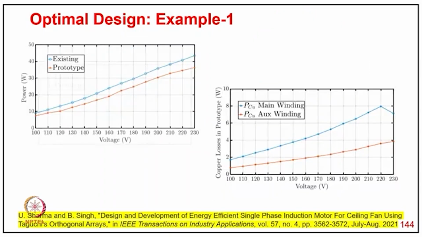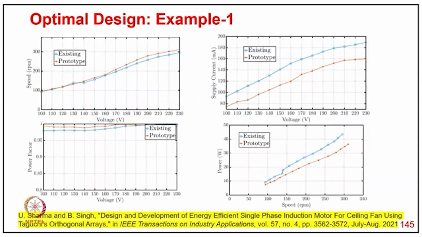Then the existing and prototype, how it changes: power output with voltage, and the copper loss in the main winding and auxiliary winding. And with the existing and prototype, how the speed and power factor change, then the supply current and power output with the speed.